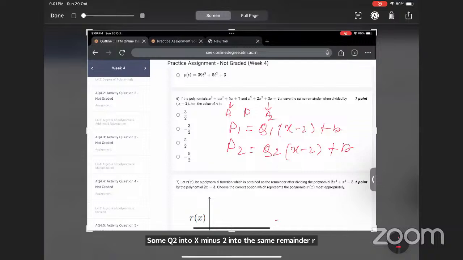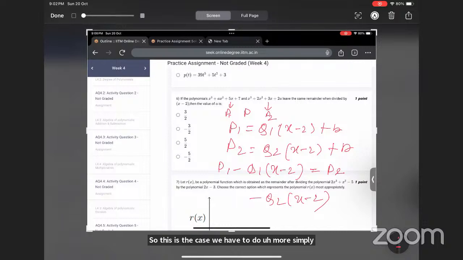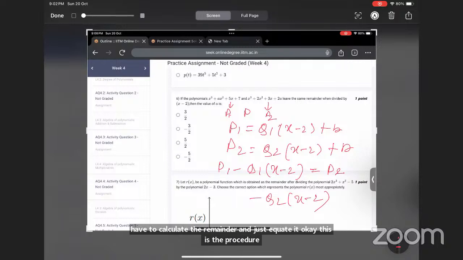Now we will just do P1 minus Q1 into x minus 2 equals P2 minus Q2 into x minus 2, right? So this is the case we have to do. More simply, we have to calculate the remainder and just equate it. This is the procedure. So you can do it, right?